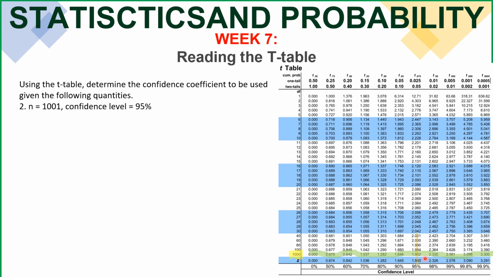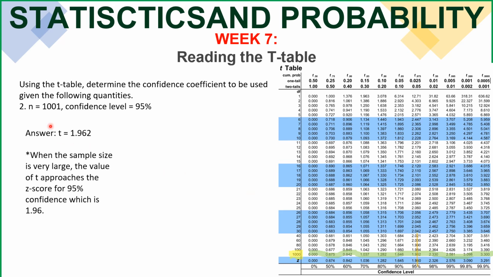Yun yung 1.962. Therefore, our t-score is 1.962. So, when the sample size is very large, the value of t approaches the z-score for 95% confidence, which is 1.96.